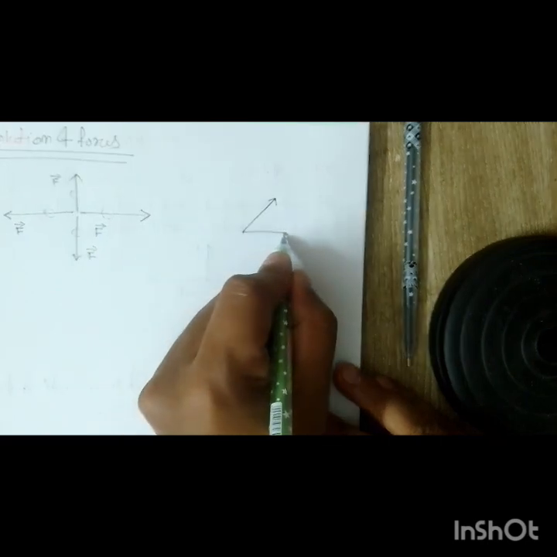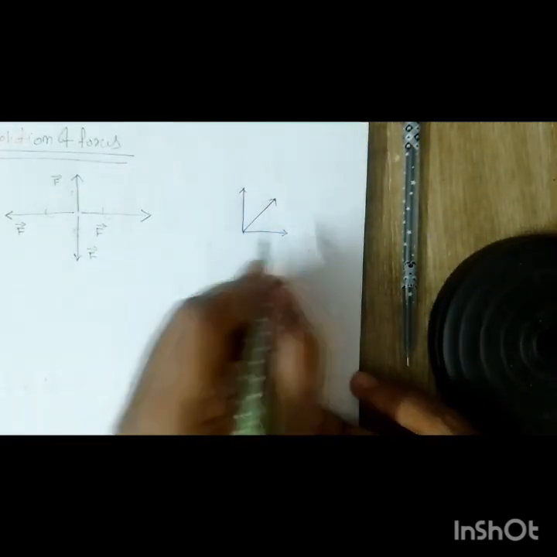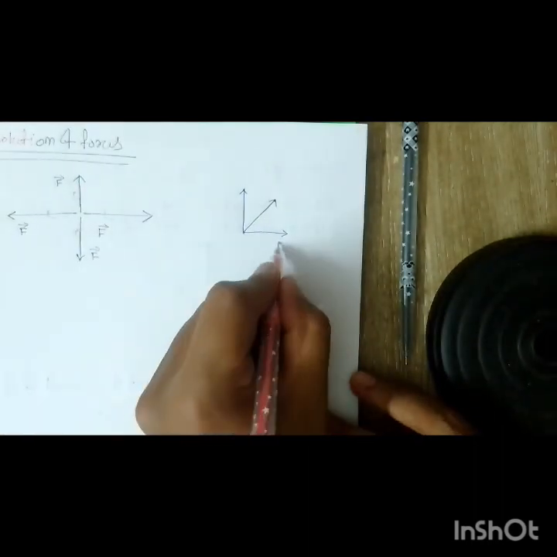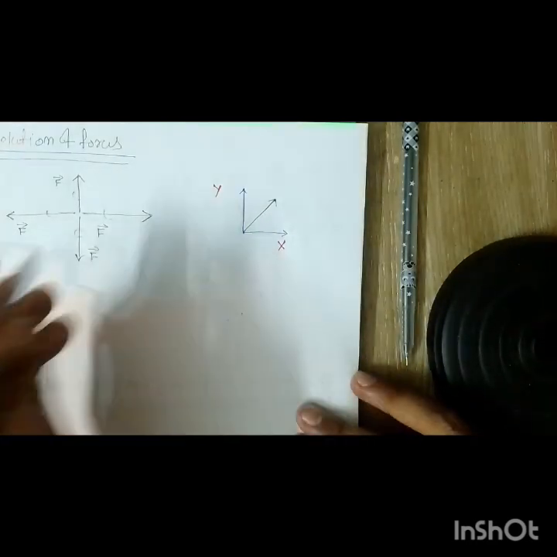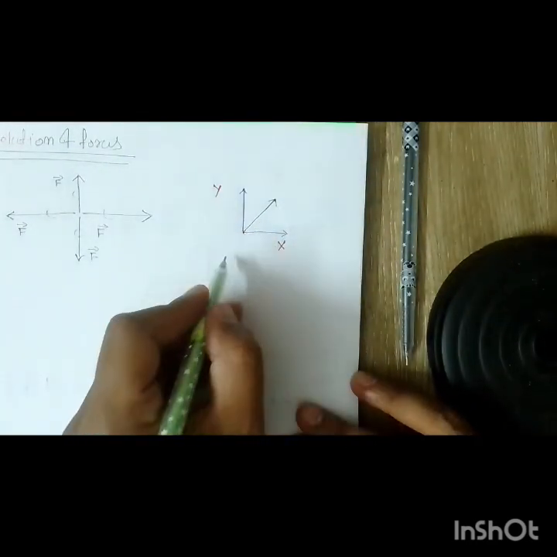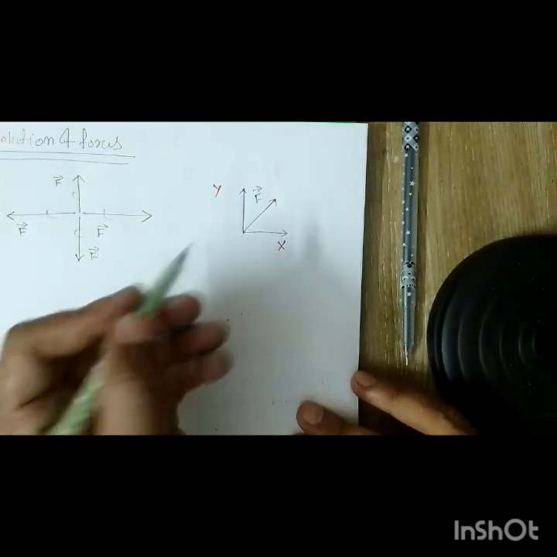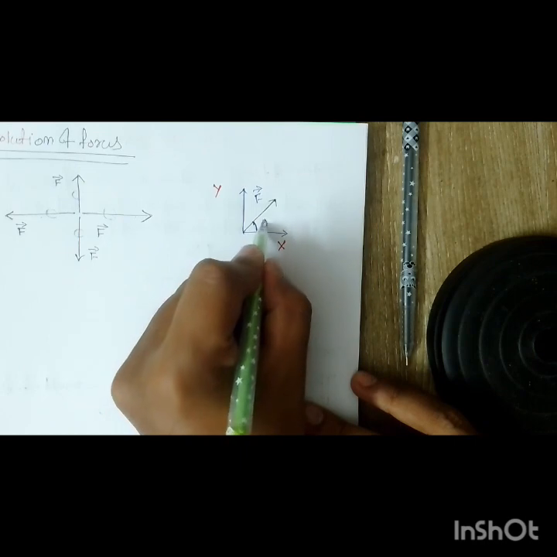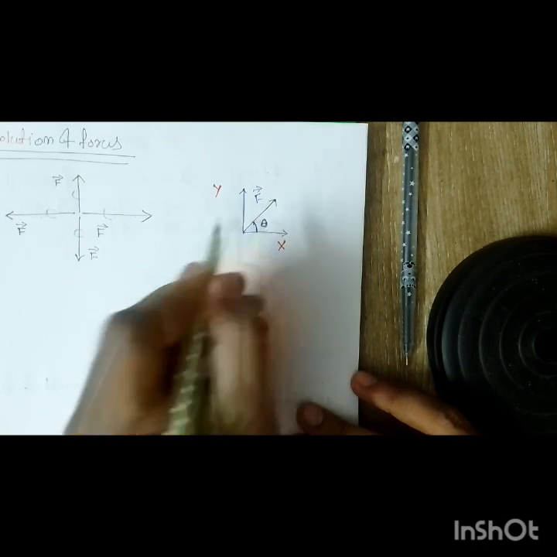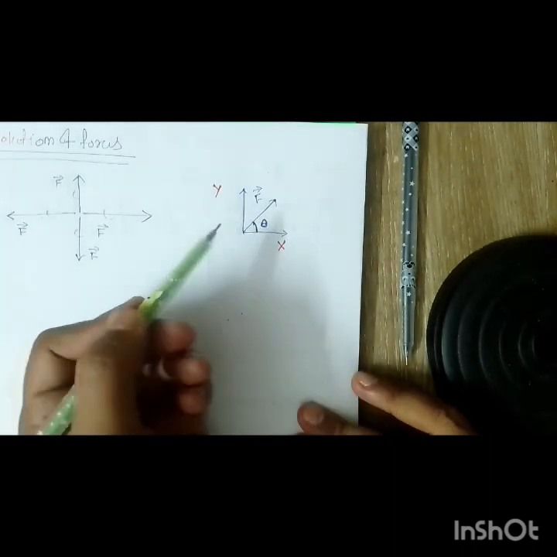Let's say this is your x-axis and this is the y-axis. This is the inclined force whose magnitude is F, and in this case the force F is inclined with the horizontal at an angle theta.